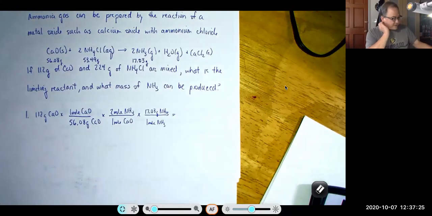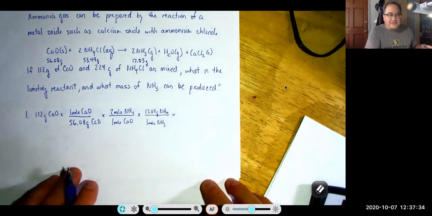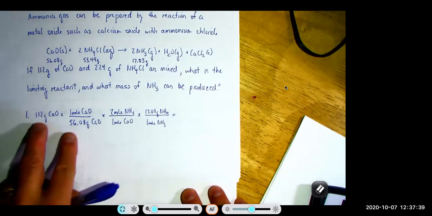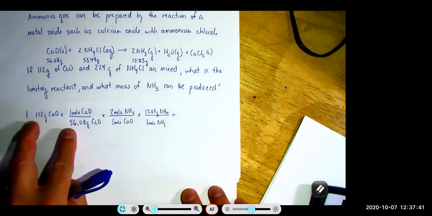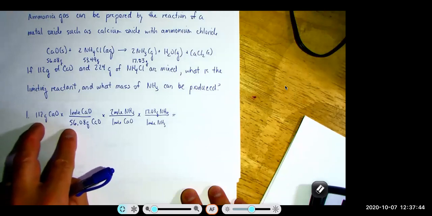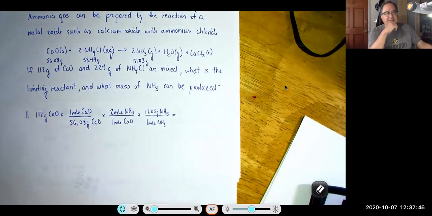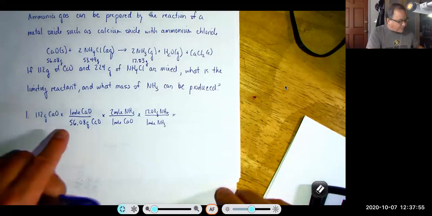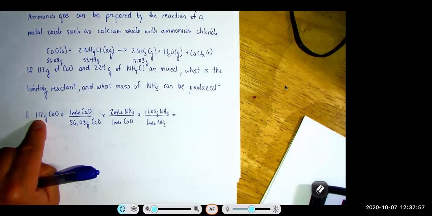Okay, how about estimating this one for me? Do you see any two numbers here that just call out and say, use me? 56 and 2. Or 112 and 2? 112 divided by 56, it's 2. So 56 will go in there 2 times, right?